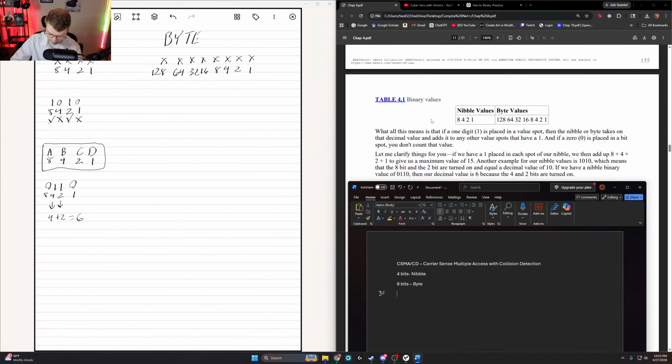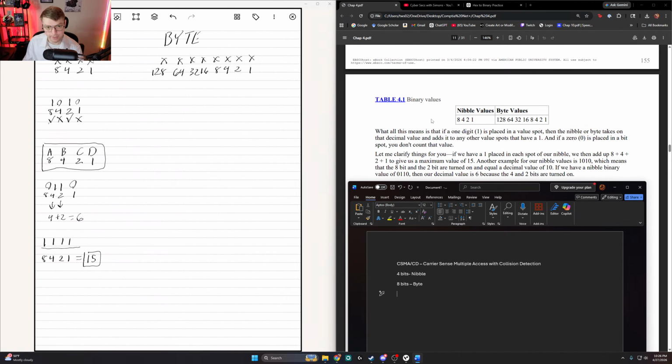If we turned all of them on, if we have 1, 1, 1, 1, this is our nibble right here. That means we have 8, 4, 2, and 1 all turned on. And when we add them together, we get 8 plus 4 equals 12, plus 2 is 14, plus 1 is 15. So we get a value of 15 for our nibble.